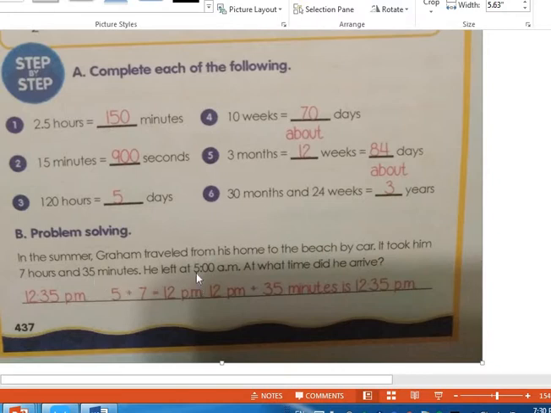After 5, I will add 7 hours. 5 plus 7 equals 12, right? So 12 AM or PM? Of course PM. And for the minutes, 35. So he arrived at 12:35 PM.